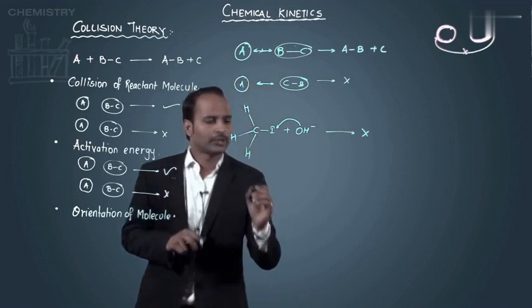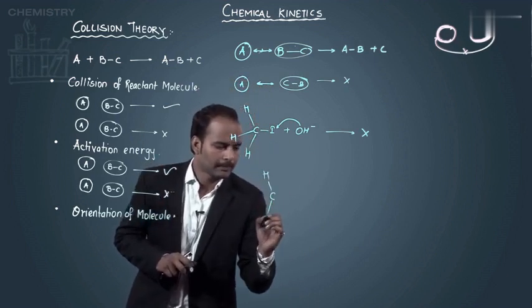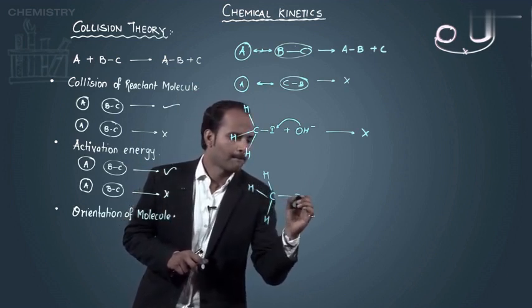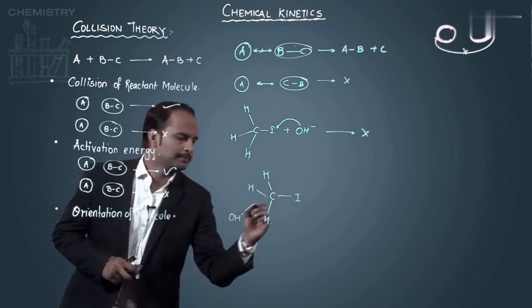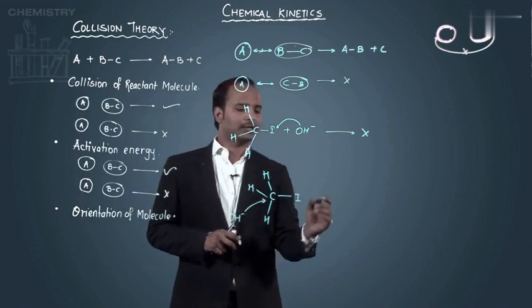But during the same process, see again the alkyl halide. If the OH minus ion attacks from the back side, that is from here, then what happens?